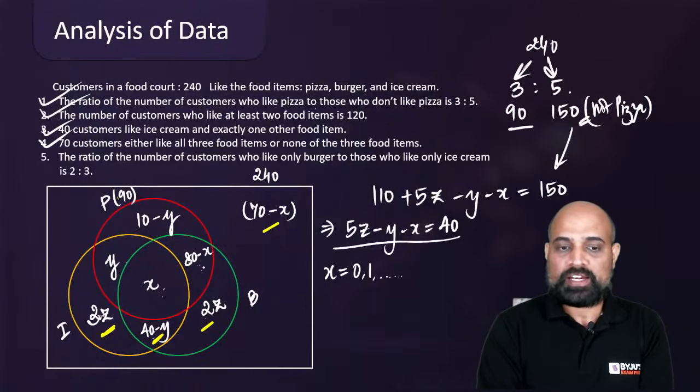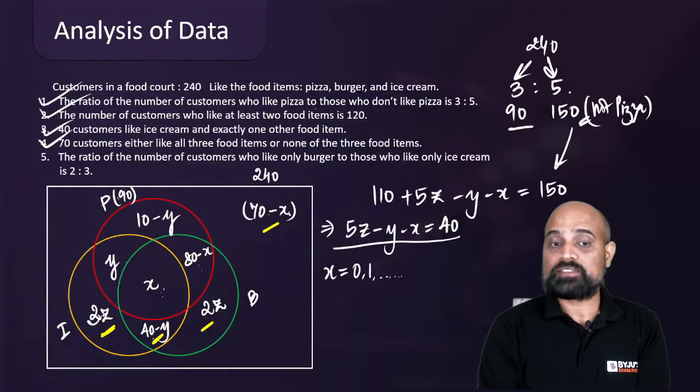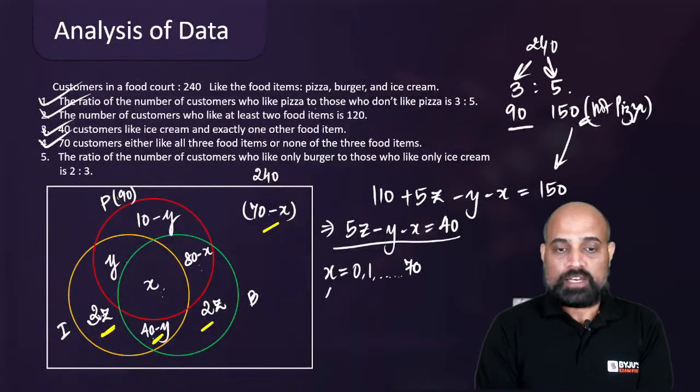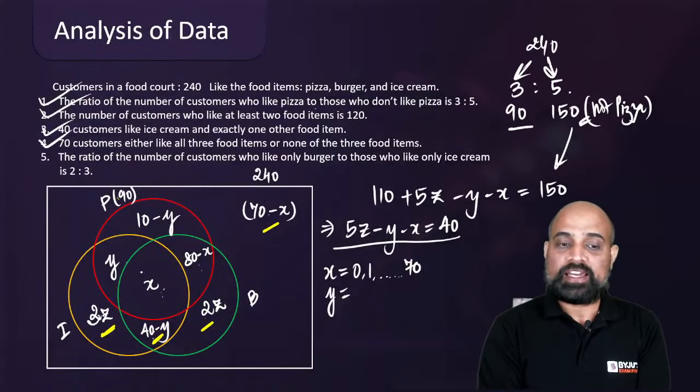If you look at these two expressions on x, you will realize that the maximum value of x could be 70 only. You can't go beyond this. Now, what about y? Looking at the values of y, you will realize that y can start with 0.